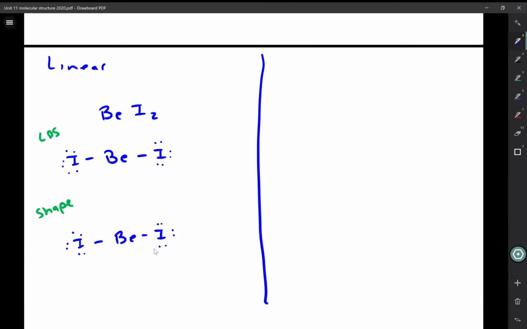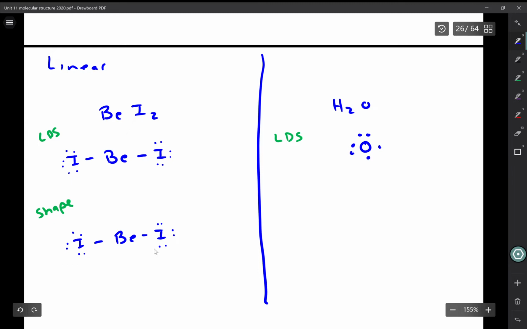Now, water, let's take a look at that. If we do a Lewis dot structure for water, oxygen's in the middle with its 6 valence electrons, and hydrogen.